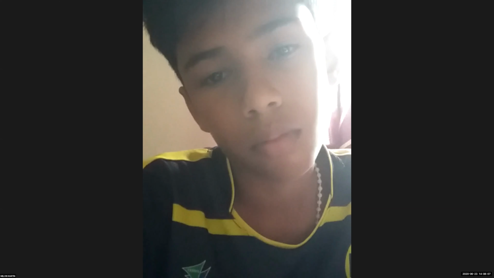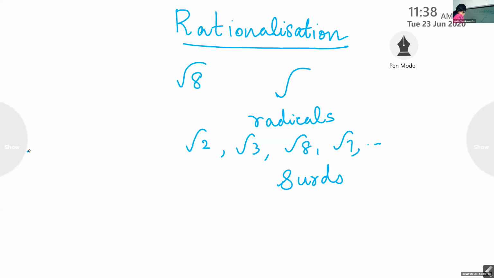Root 9 is plus or minus 3. Root 16 is plus or minus 4. You know it.